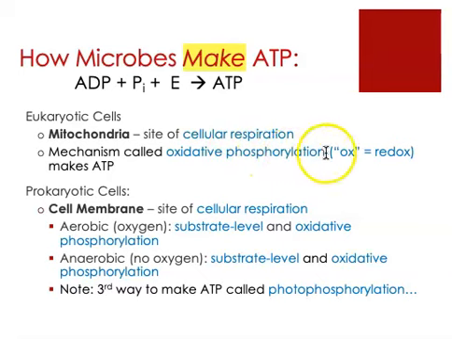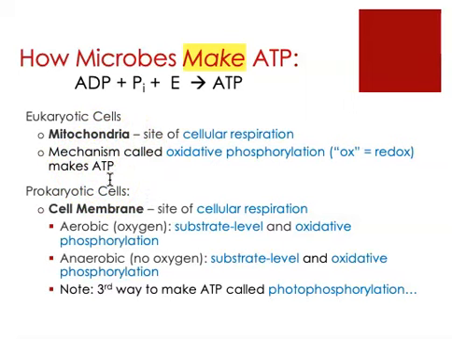Oxidative refers to a type of chemical reaction called a redox reaction. We're going to talk about redox reactions in the second lecture of metabolism. But for now, understand that this has nothing to do with oxygen. This has to do with the nature of the chemistry that goes on in this series of reactions. This series of reactions that is ultimately going to produce ATP for the cell.